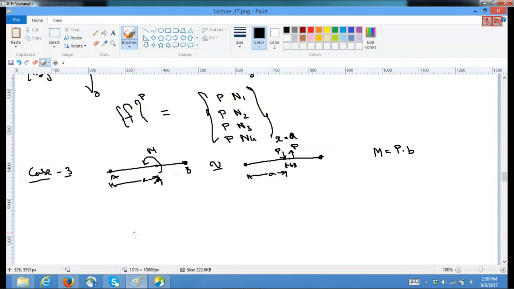For the first point load, I can write my F vector due to M at a as equal to F due to the point load P at a plus F due to a point load minus P at a plus b.